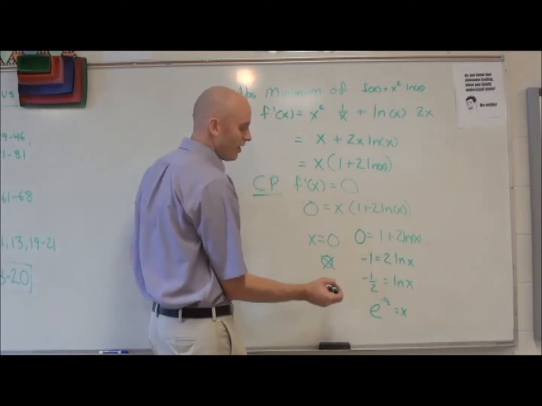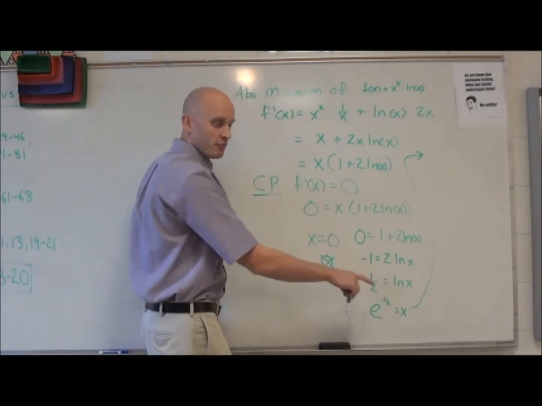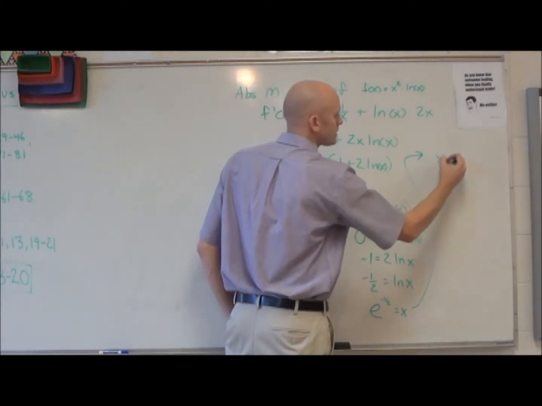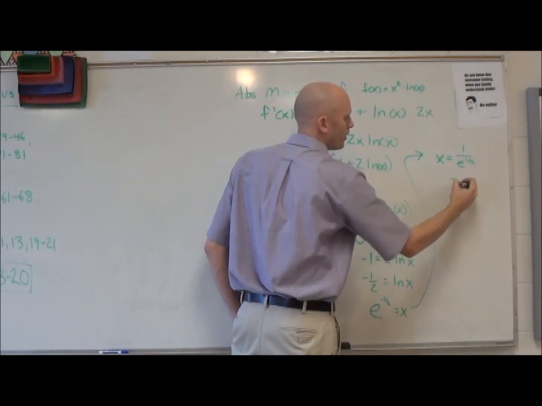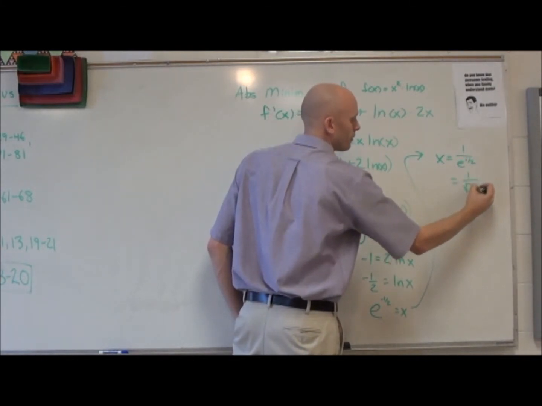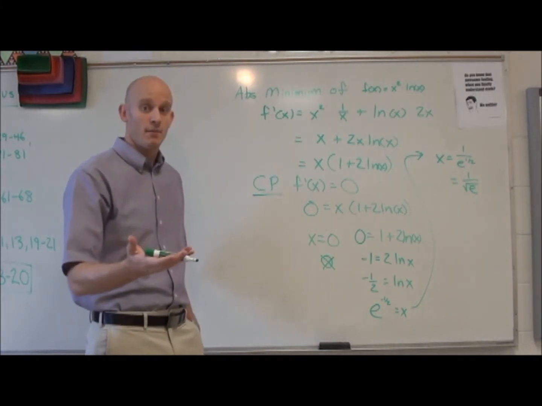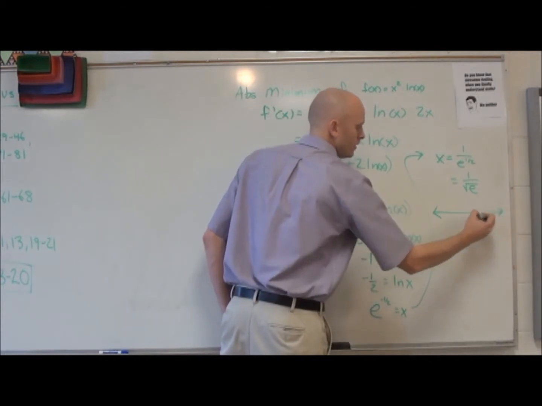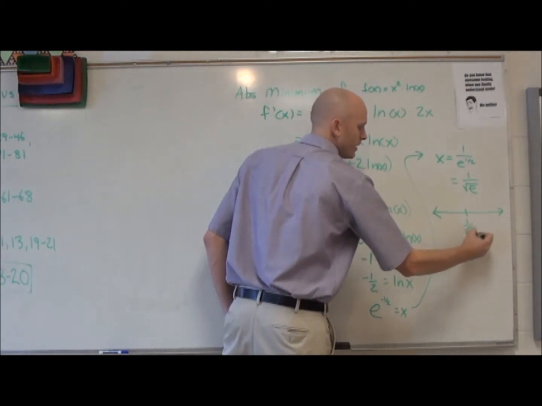So that value, if I write it over here, e to the negative 1/2 is x equals 1 over e to the 1/2, or 1 over the square root of e. That is the value that we'll place on the number line. Placing it on the number line, 1 over square root of e.